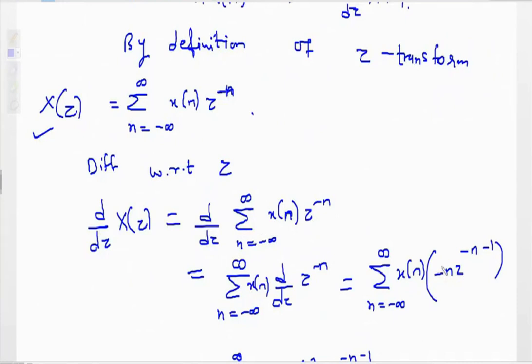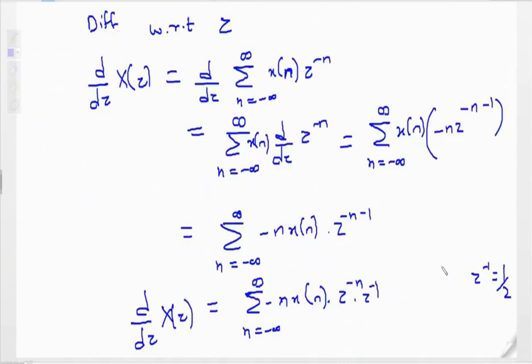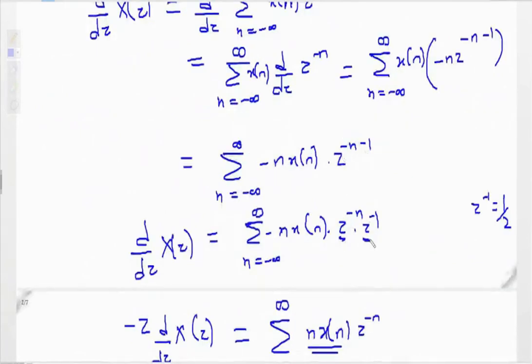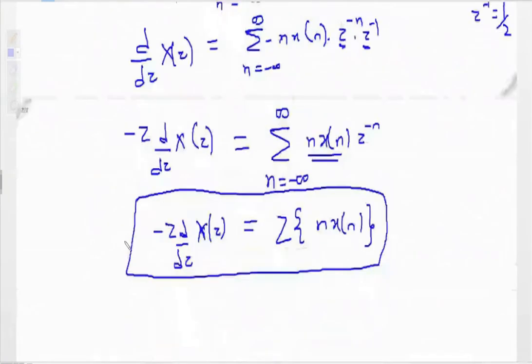Then z raised to minus n minus 1 can be written as z raised to minus n dot z raised to minus 1, and z raised to minus 1 is 1 by z. I will transfer this z, so it will be divided, and I will transfer the minus sign also. Here, instead of x of n, n x of n is there. That means this is the Z transform of n x of n. Okay. So this is the proof of the differentiation in the Z domain property.